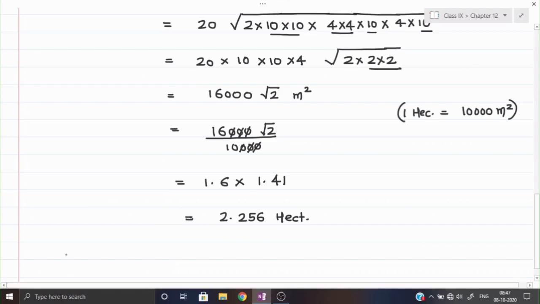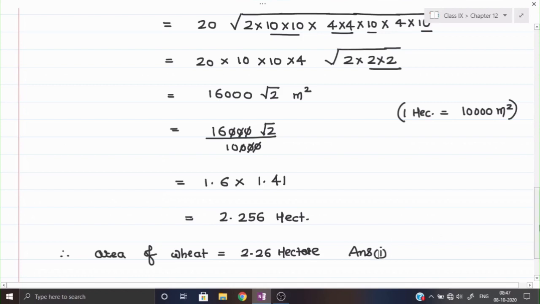So we can say that therefore area of wheat is equal to 2.26 hectare. That is your answer, first part. Here we can say that answer of part 1.